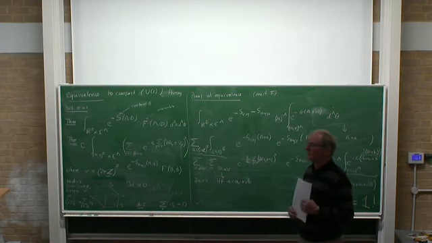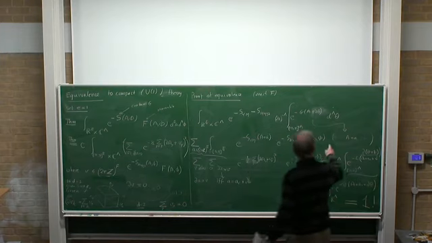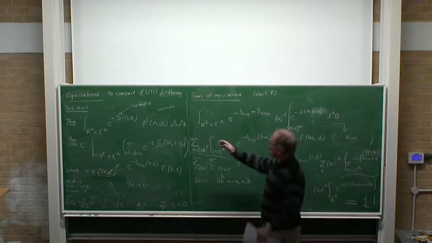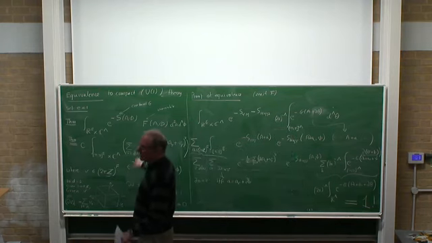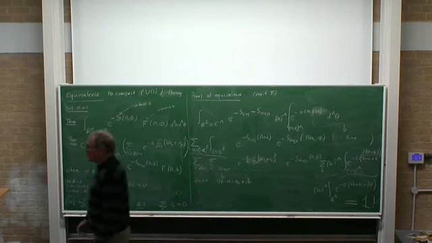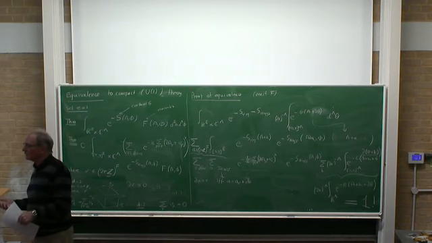Once we've got the compact, I can use gauge invariance. But you don't know what the compact is. Well, you do know what the compact is for non-abelian gauge theory, because that's the Wilson action, for example.